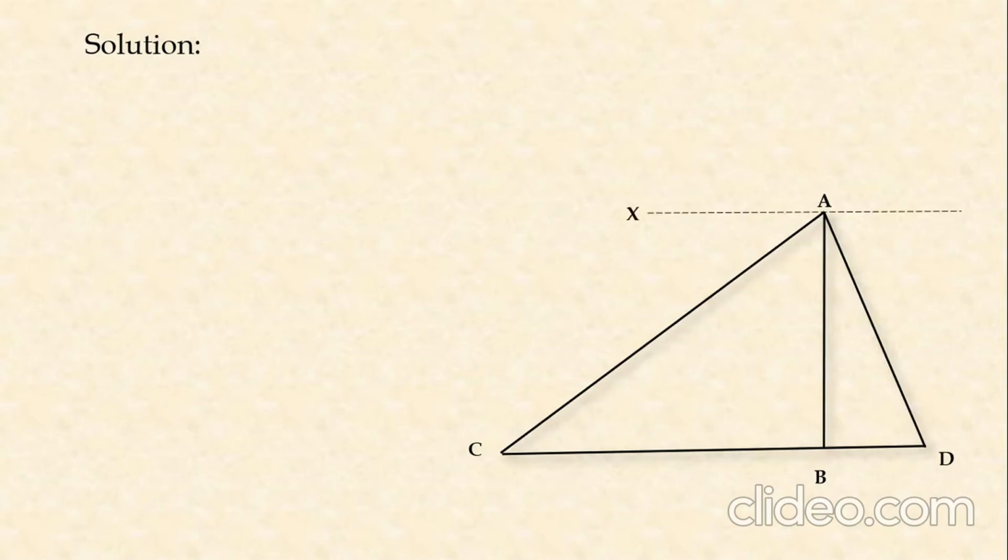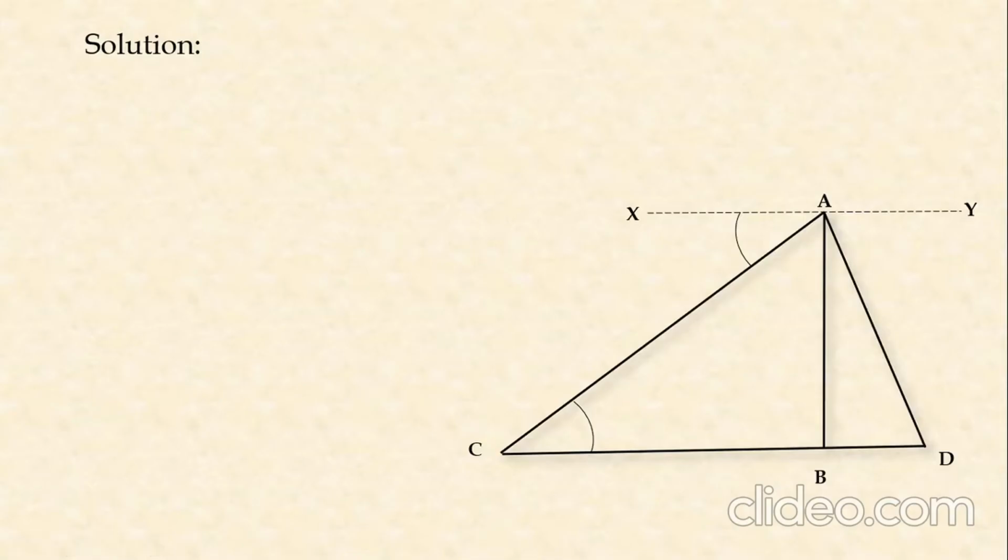In case the angle of depression is given, we need to draw one horizontal line, which is XY. Whenever we draw this XY, it is parallel to CD, that means these two are parallel lines, XY and CD.